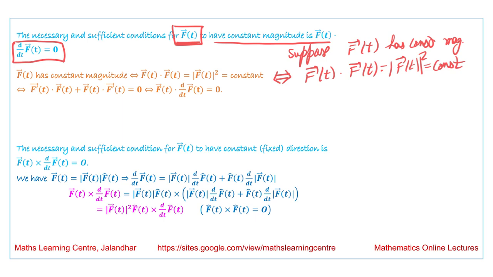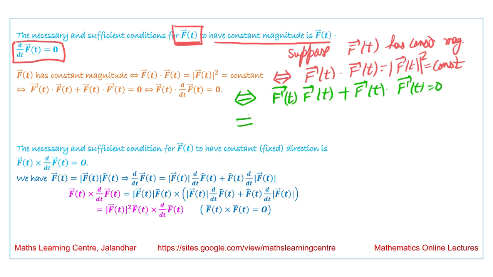Now if we differentiate this equation, this is equivalent to f vector t dot f dash t vector plus f dash t vector dot f vector t, which is equal to 0.